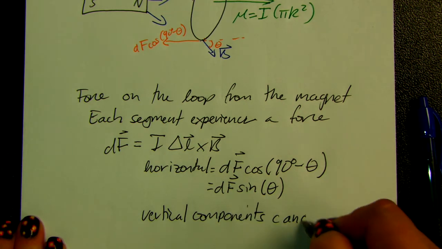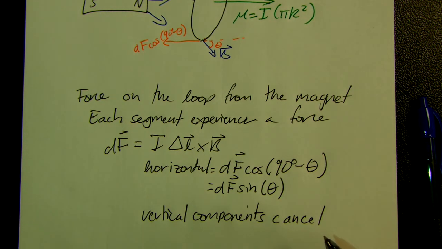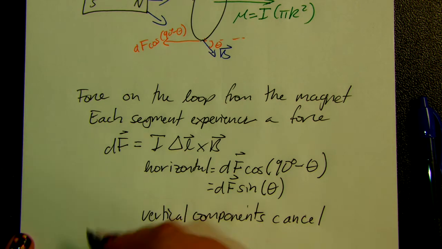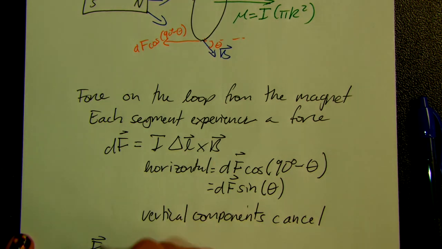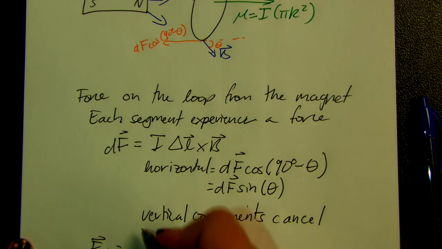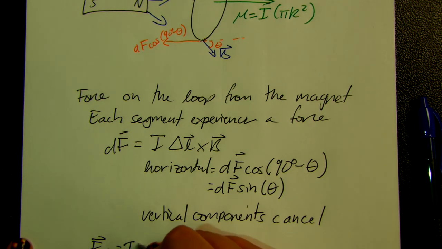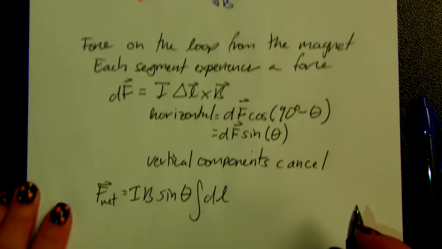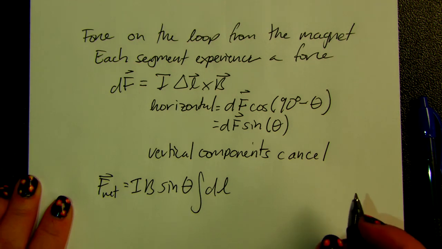We looked at that when we previously derived the magnetic field for a loop. Okay, so for the net force, now that we've got our segments, we want to sum them up, so we're going to integrate. So I B sine theta, and we're going to integrate this with respect to dL.